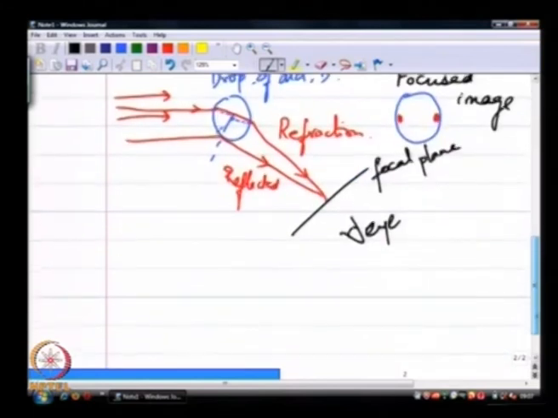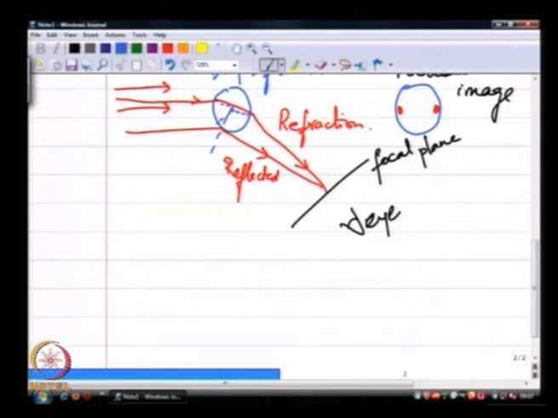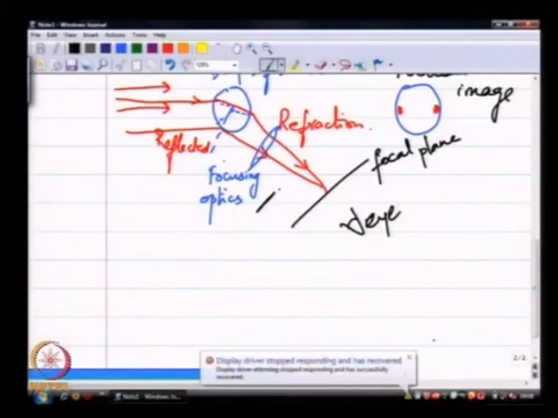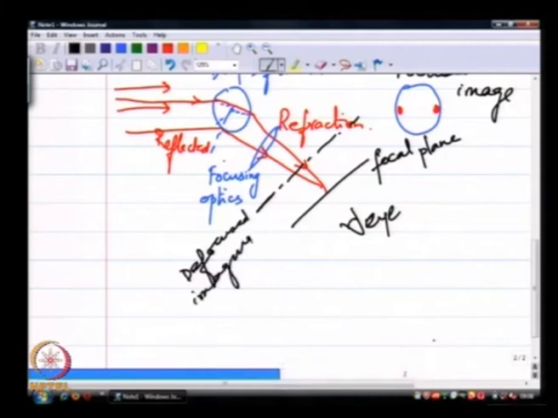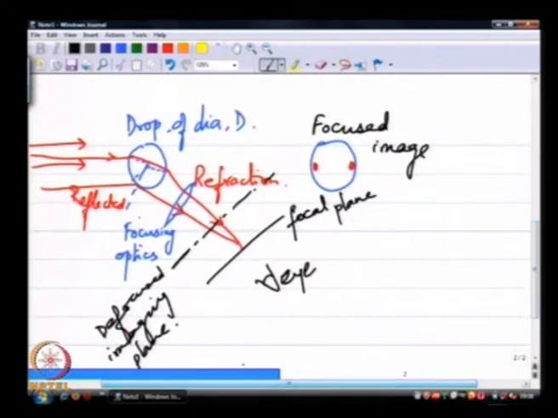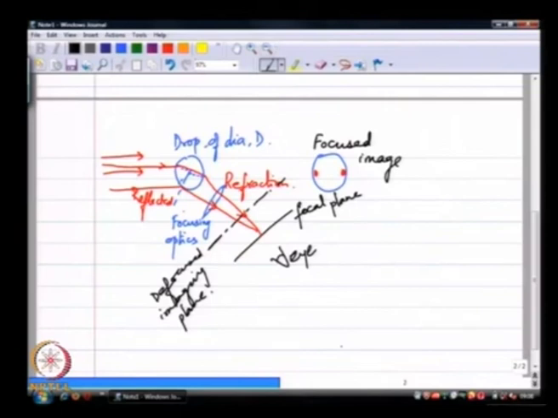If I take the same modes of transmission, and image the light, say this is a focusing lens, so instead of placing the imaging plane at the focus, I place it at a slightly defocused part, what you will see at the defocused part is a set of interference fringes.